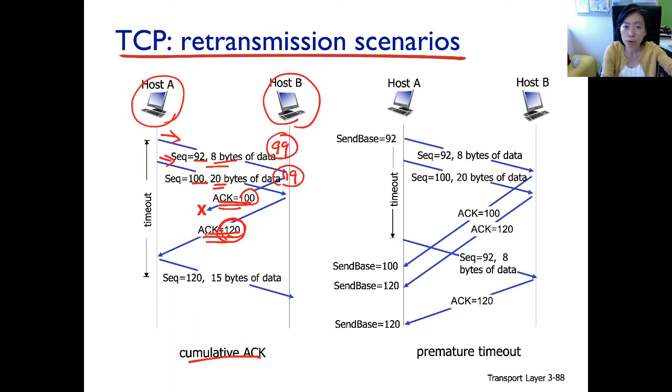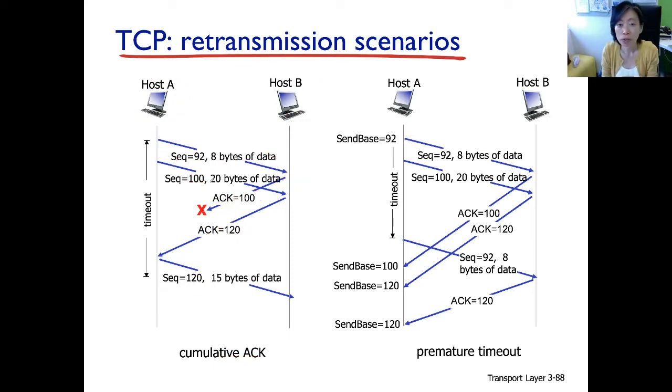All the packets before this sequence number are acknowledged, whether you receive an ACK packet for an earlier sequence or not. So up to this point, sender host A, seeing ACK 120, treats both packets as acknowledged. Therefore, no timeout is going to occur, and it's going to trigger sending of the next packet starting from 120.